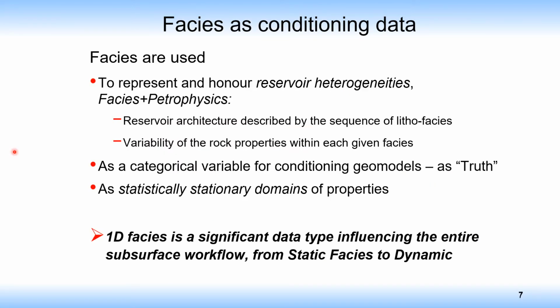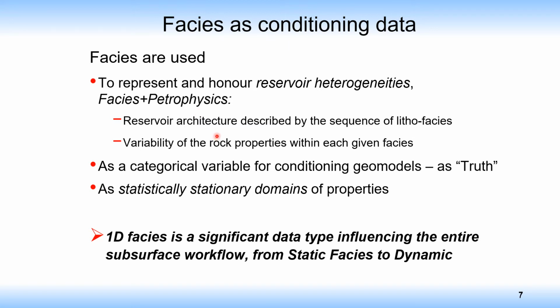In geomodeling, facies are used as hard conditioning data, and they're used to represent and honor reservoir heterogeneities. So the facies combined with petrophysics are the heterogeneities. First of all, the facies allow us to model reservoir architecture described by that sequence of lithofacies, and then within those facies we get that variability of the rock properties.